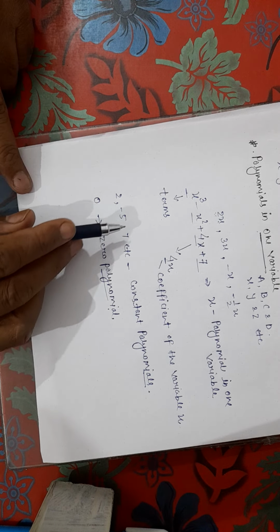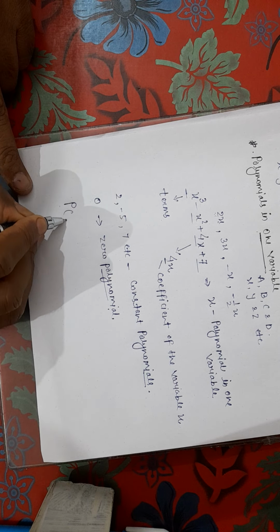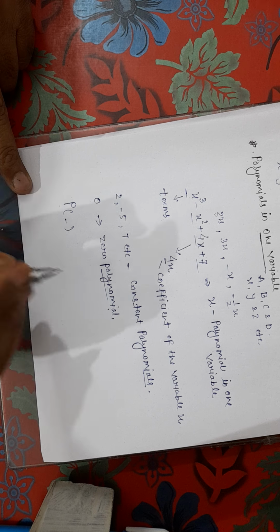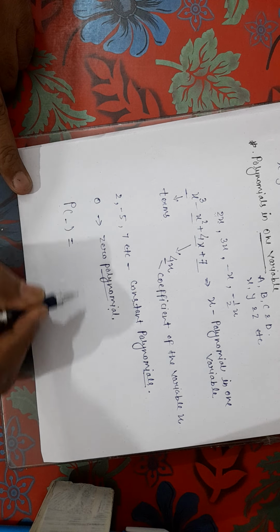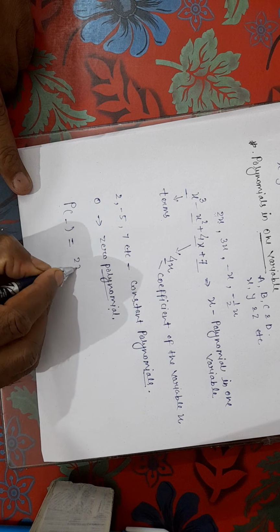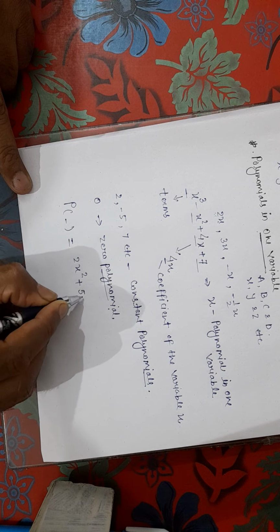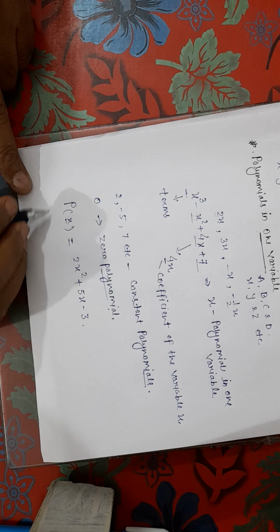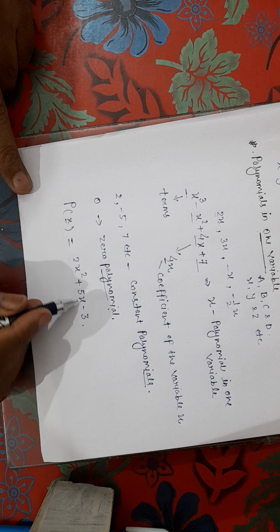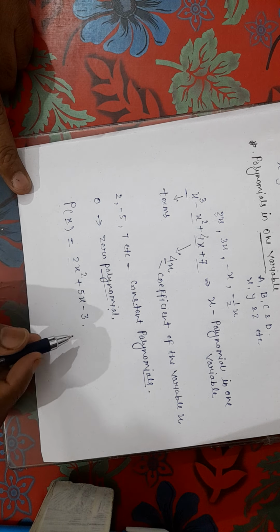So usually we denote a polynomial in the form p, and in this place we write the variable which exists in the equation. For example, 2x square plus 5x minus 3 is there, so we put x here: p(x) = 2x square plus 5x minus 3.